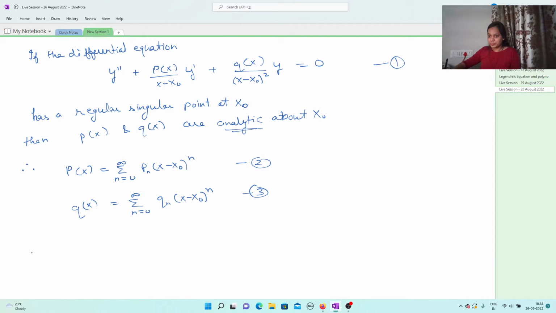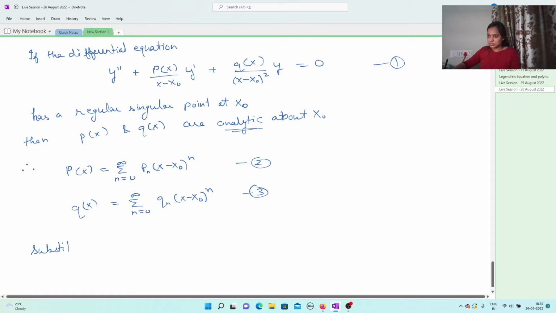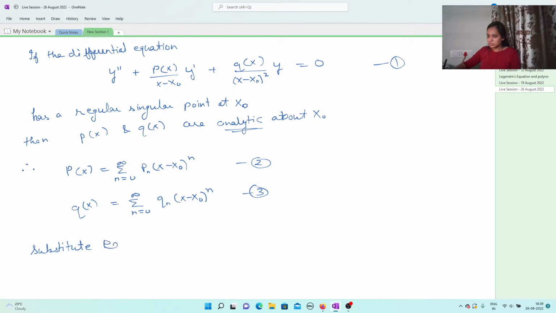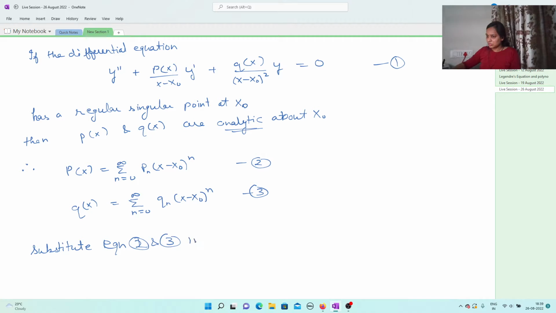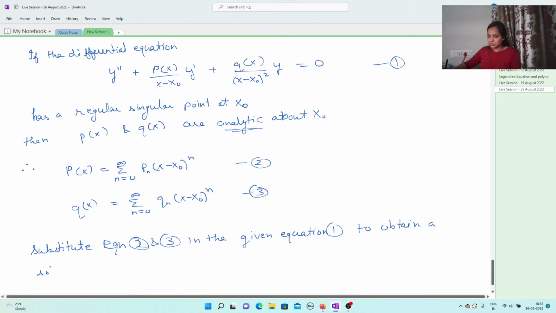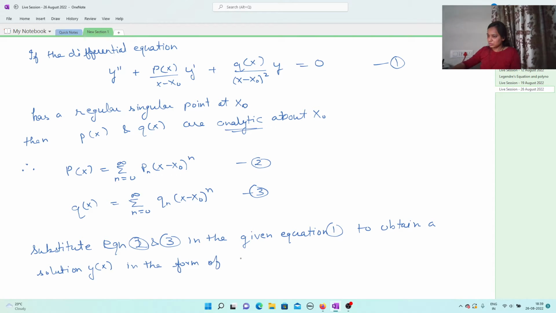Okay, so substitute equation 2 and 3 in the given equation 1 to obtain a solution y of x in the form of a Frobenius series.